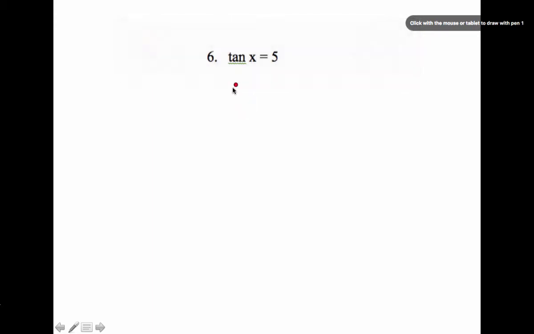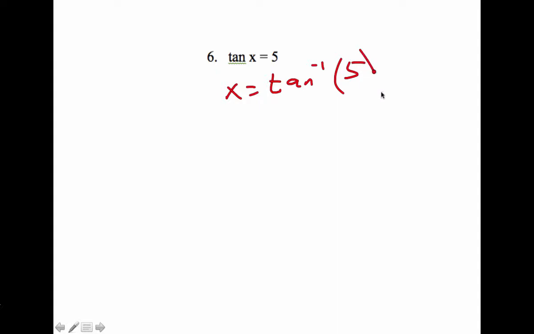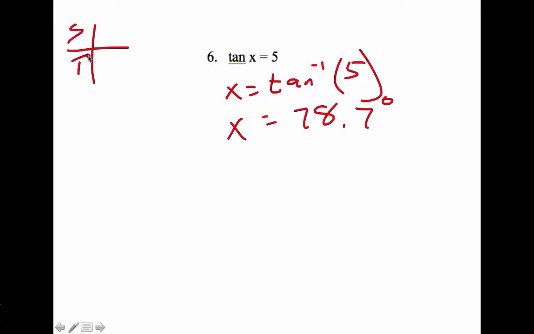do x equals the inverse tangent of 5, because the tangent can be anything. And when you plug that into your calculator, I think you get like 78.7 degrees. But you also have to remember that it's going to be quadrant 1. Here's my quadrant 1 answer, but it's also going to be quadrant 3.